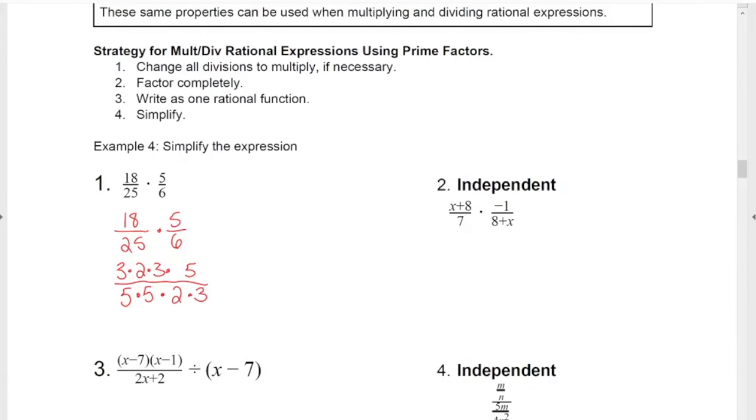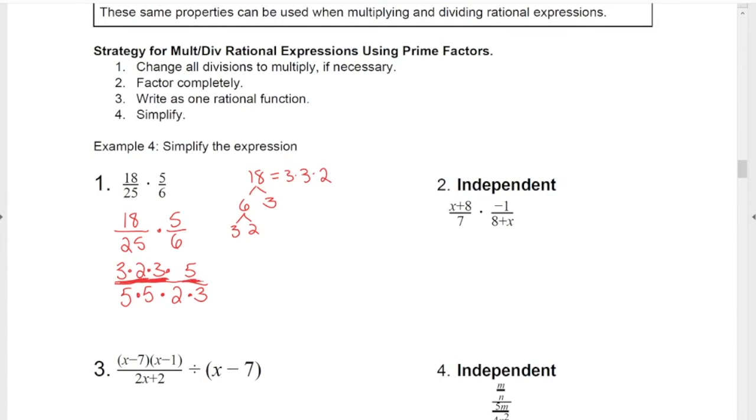And you might say, Jess, how'd you do that? Well, I could have done a factor tree and said 18 is 6 times 3, and 6 is 3 times 2. So 18 is equal to 3 times 2 times 3. That there is the 18, and there's the 5.